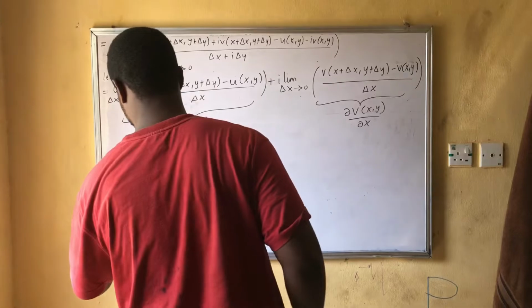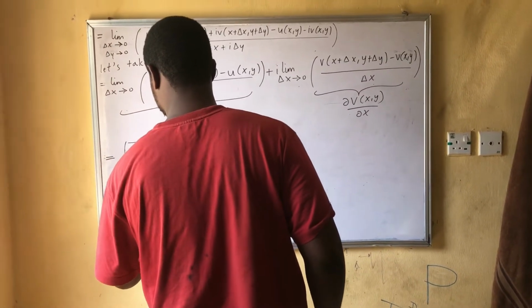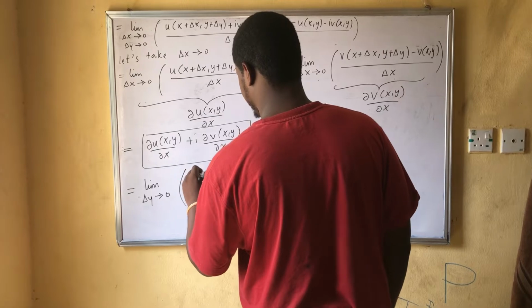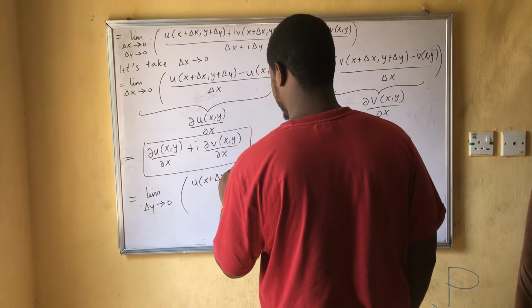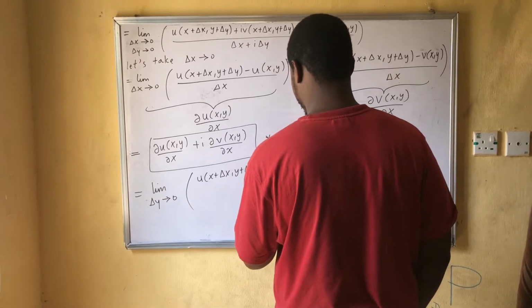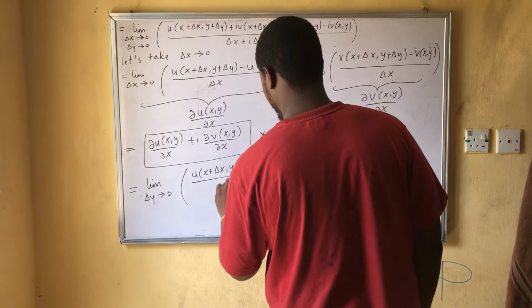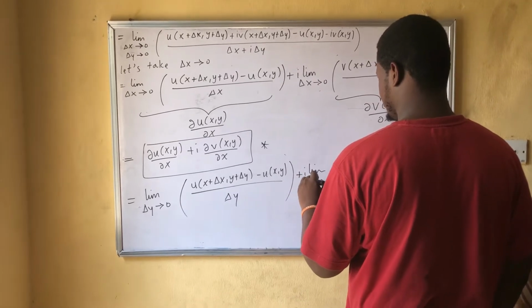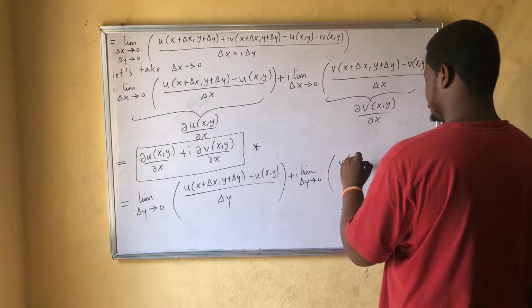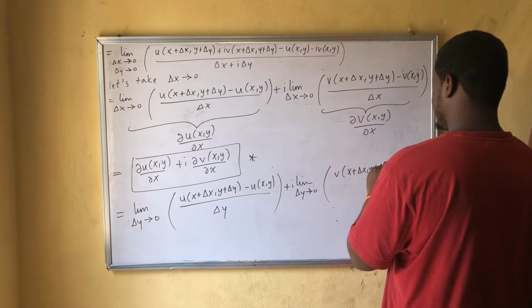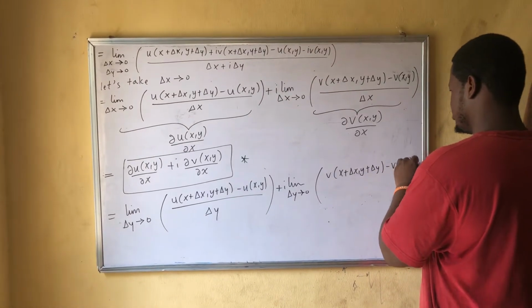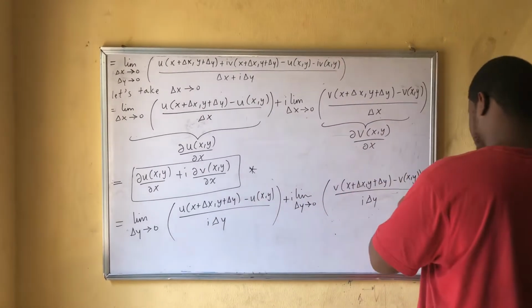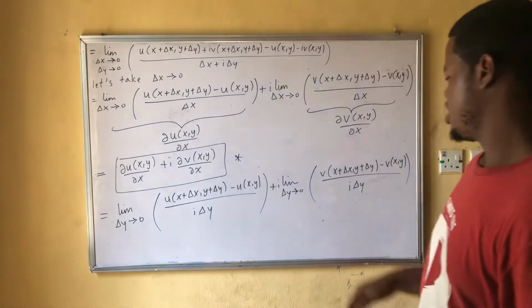So for the dy part, we are going to have the limit of u of x, y plus dy, minus u of x y, over change in y, plus i times the limit as dy approaches 0 of v of x, y plus dy, minus v of x y, over change in y.